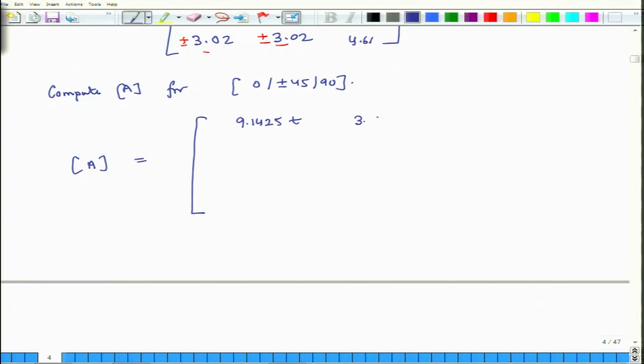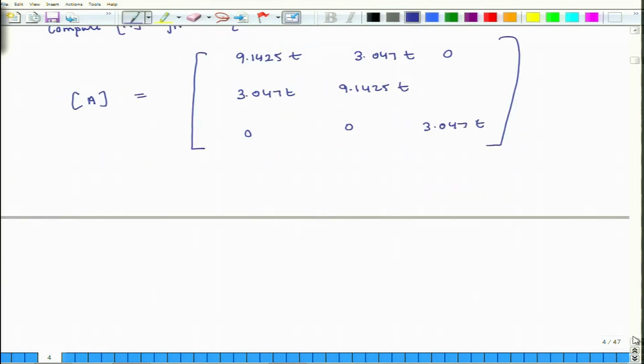This one is 9.1425 T, 3.047 T, and then this is 0, 3.047 T, 9.1425 T, 0, 0, 3.047 T. Okay. Now, this is the A matrix for this quasi isotropic laminate, the 0, plus minus 45, 90 degree system.